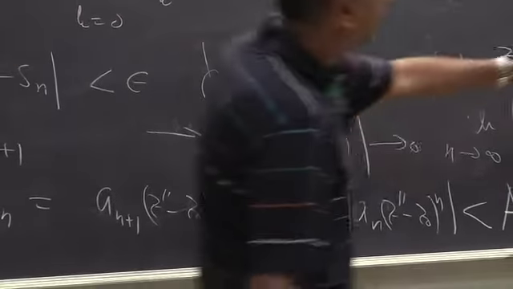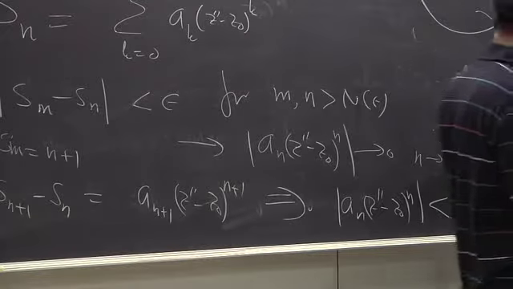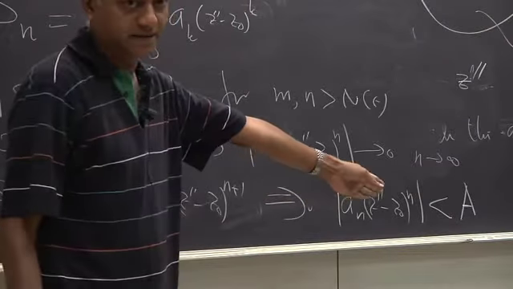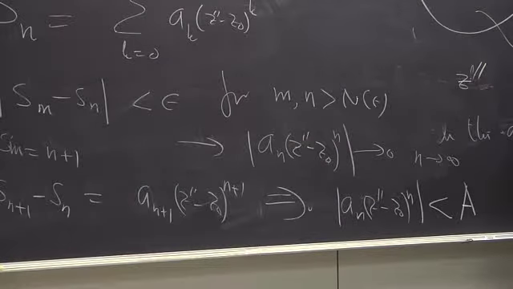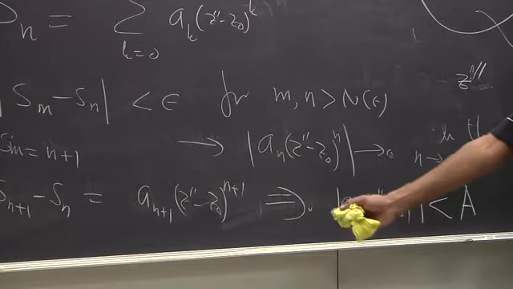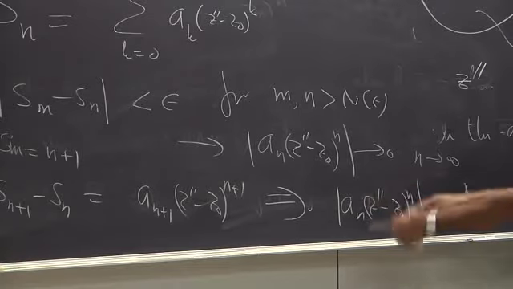Because for every finite value of n, this is some finite number, right? The only way this could have violated being less than some finite number is if, in the n going to infinity limit, it was becoming larger and larger. Then it would have no bound, right? But we have already shown that is not the case. In fact, as n goes to infinity, it goes to 0. So there must be some finite number, no matter how large, and this is all bounded. Now remember, z double prime minus z0, the modulus is the same.